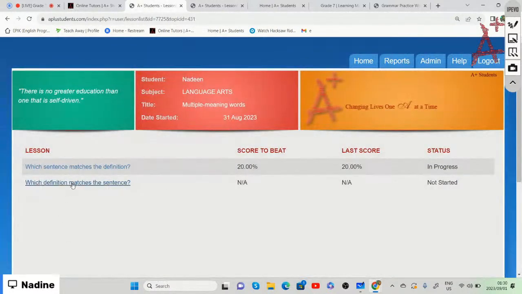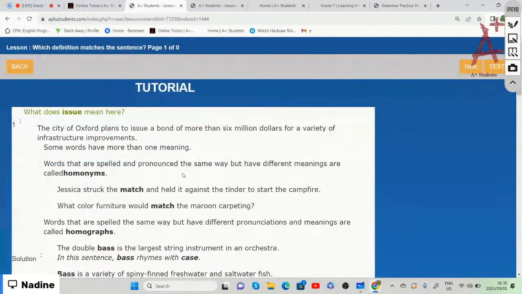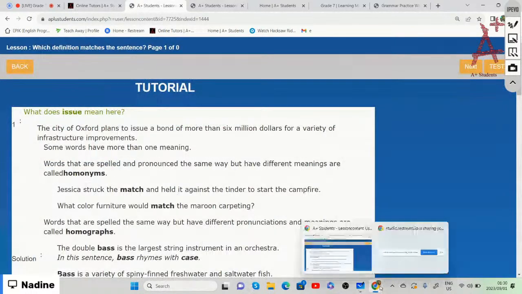All right, so now we're going to look at which definition matches the sentence.